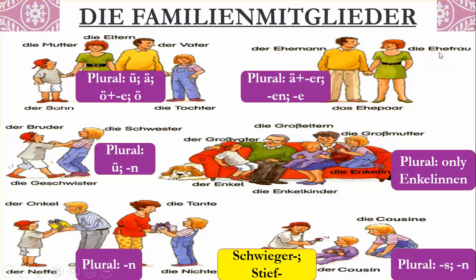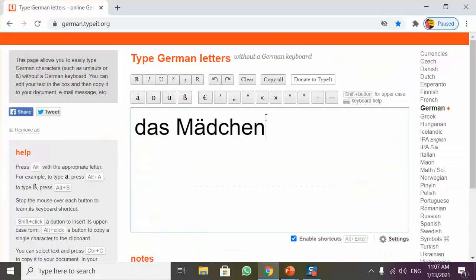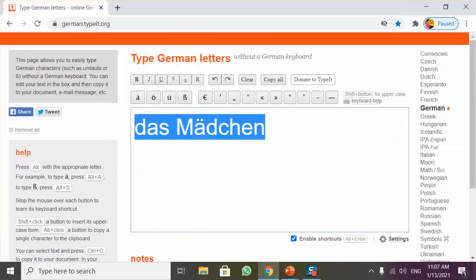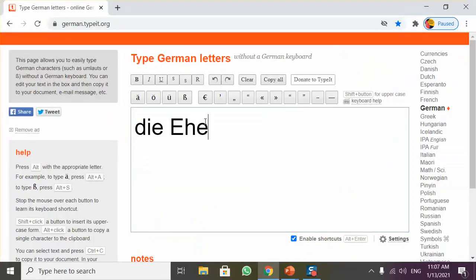Husband and wife, Ehemann, Ehefrau. Again, these two words are compound nouns made up of die Ehe and der Mann. And so the compound noun will get the article of the last noun, which is der.